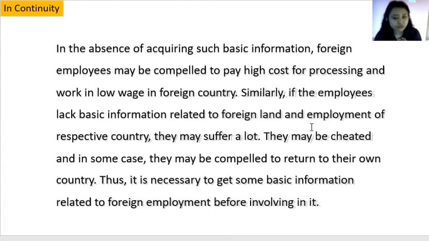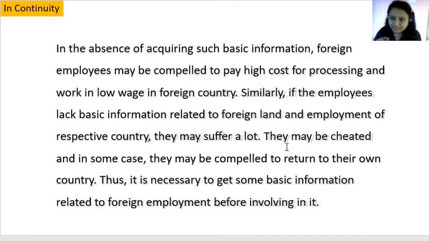Similarly, if employees lack the basic information related to the foreign land and the employment in the respective country, they may suffer a lot. As we have discussed, if the religious and cultural aspects of the foreign country are not known properly, if they don't know the language, if they don't have an idea of how to interact with the people in the foreign country, then they will have a lack of communication skills and employment skills also.